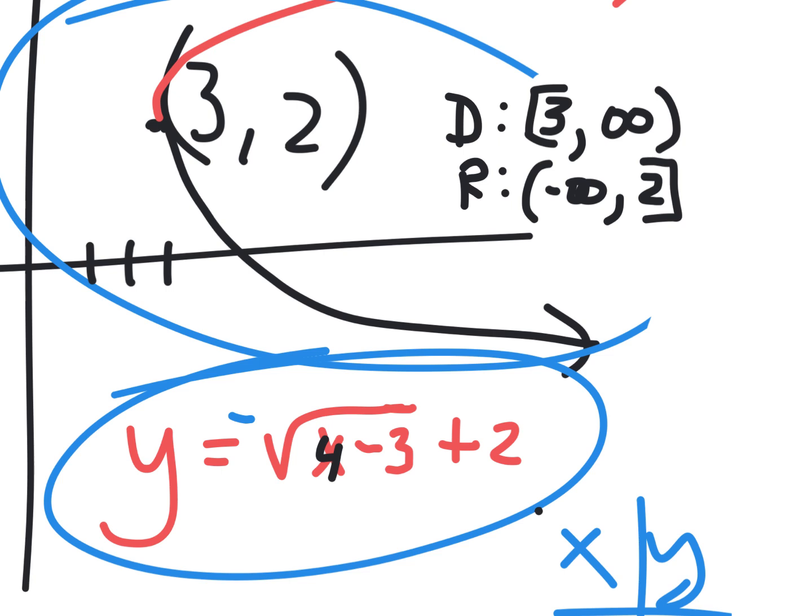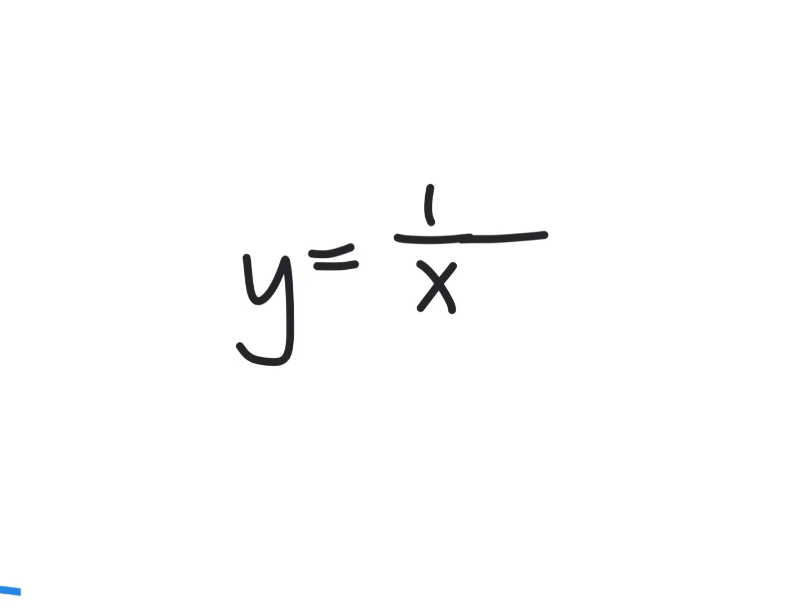All right, and the one that most kids had trouble with last hour, I can't give you too much help with it, otherwise, you know, that wouldn't be fair. If I give you this function, would you know what that looks like? And then if I told you that it needed to move to the right and down, would you be able to adjust the 1 over x function to go to the right and down?